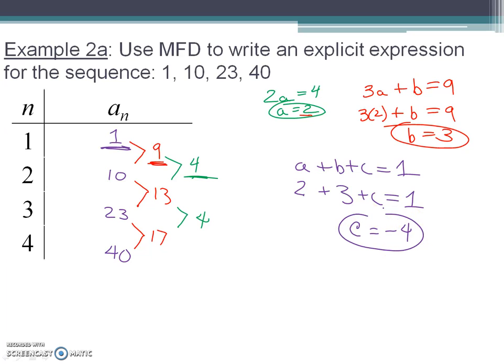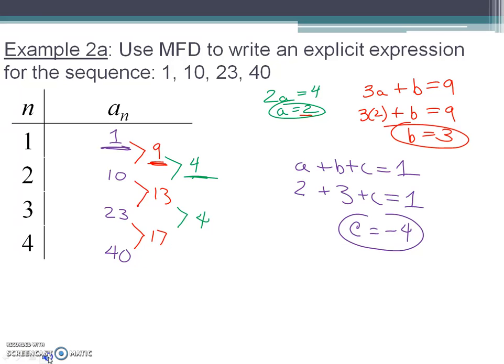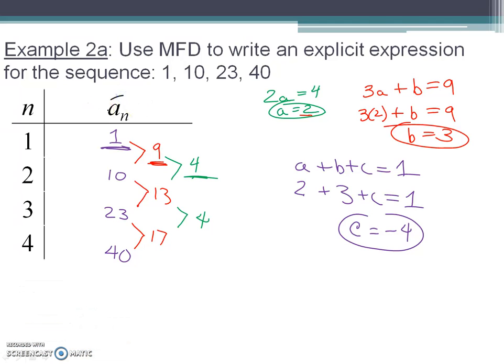And so what that means is, with a, b, and c just like in the quadratic formula, the rule that generates this sequence is 2n squared plus 3n minus 4.